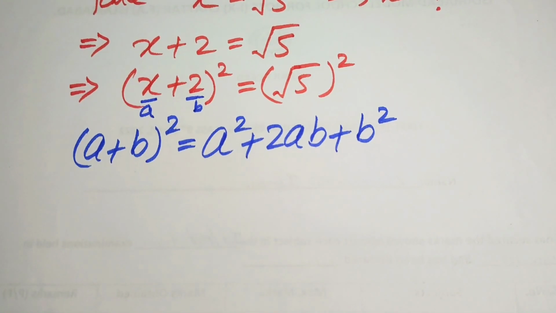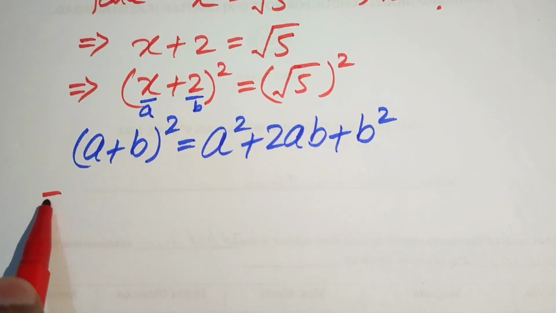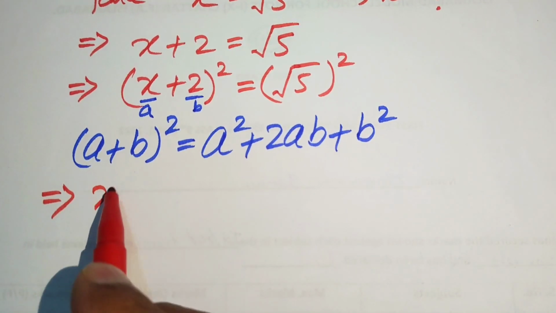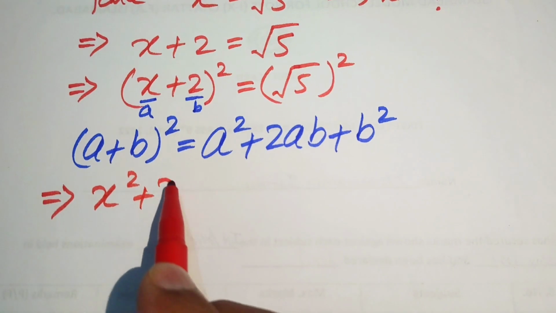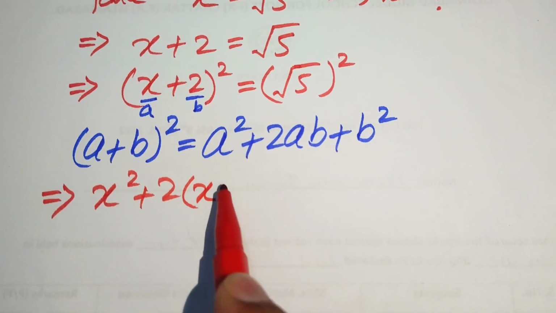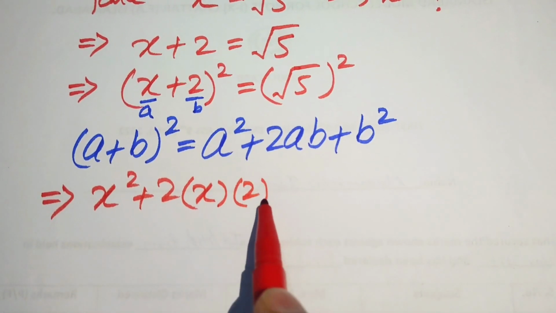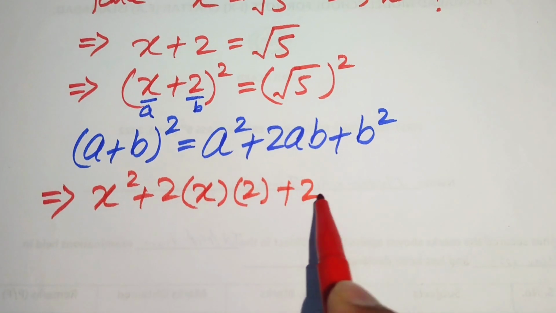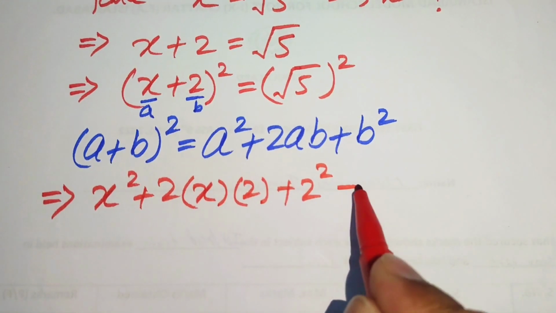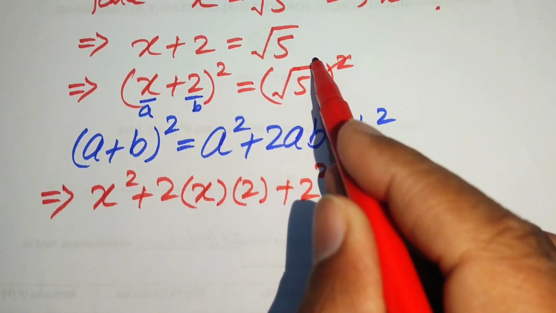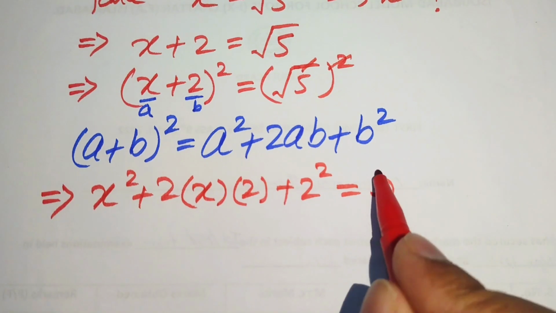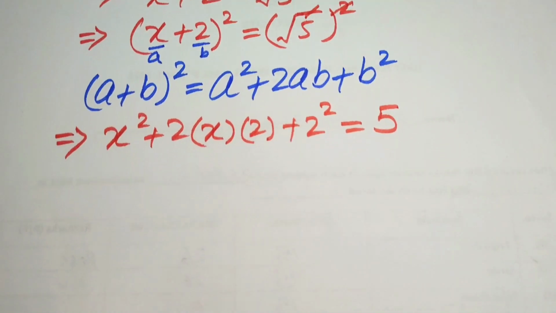Applying this formula to the above equation, it is x squared plus 2 times ab, where a is x and b is 2, plus b squared, so 2 squared. In the right hand side, the 2 is cancelled out by the square root, and we get only 5.